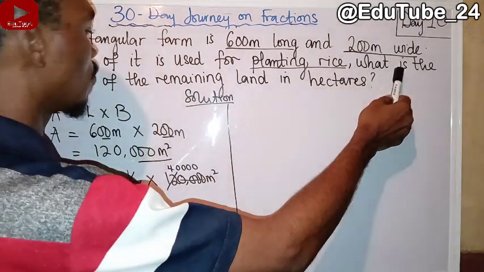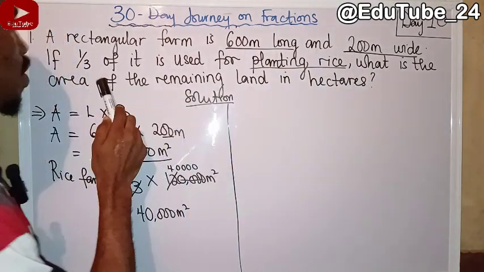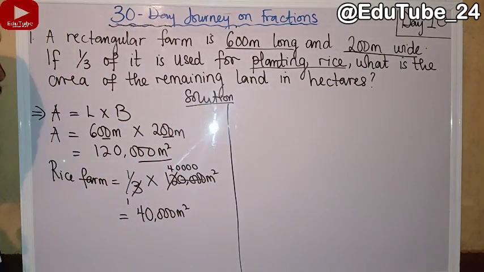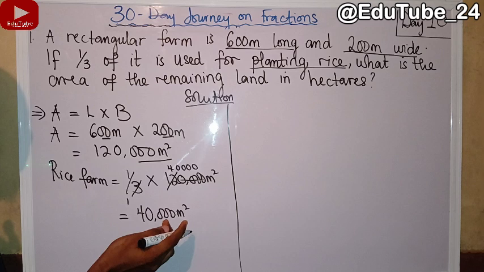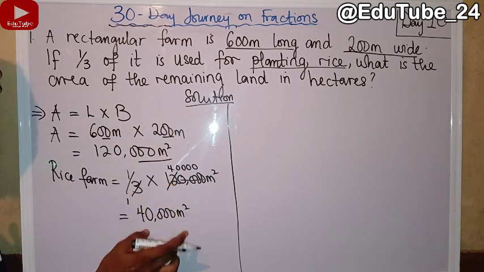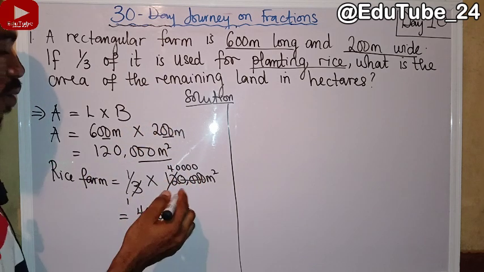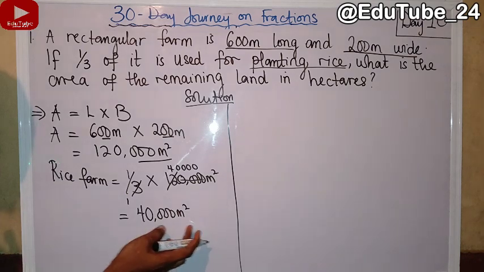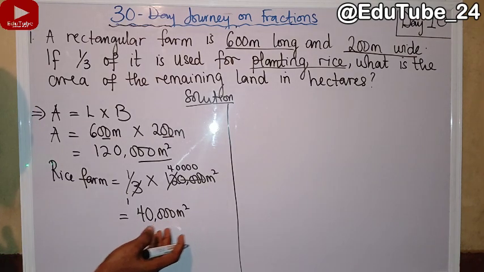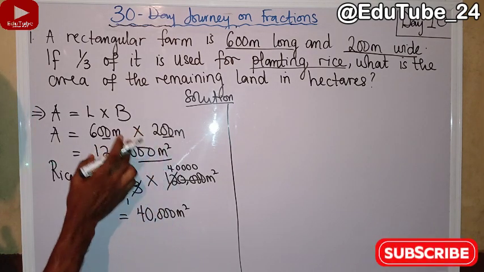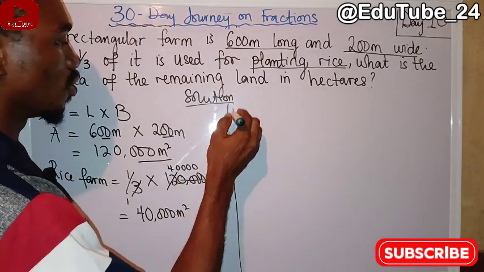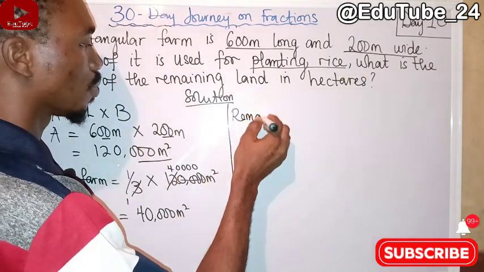Now that we found the area for the rice farm, let's look at the next part of the question. What is the area of the remaining land? If we now know what the rice farmland is out of the entire farmland, we now need to find the remaining farmland by simply taking away the area of the rice farm from the entire farmland. So how do we do that? We simply write remaining land.